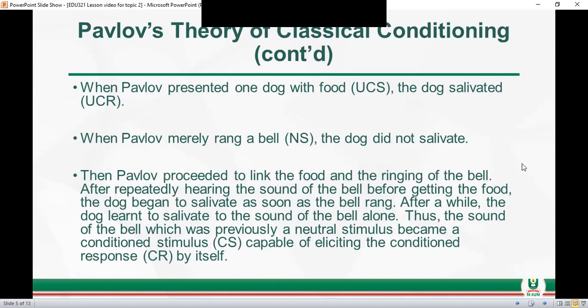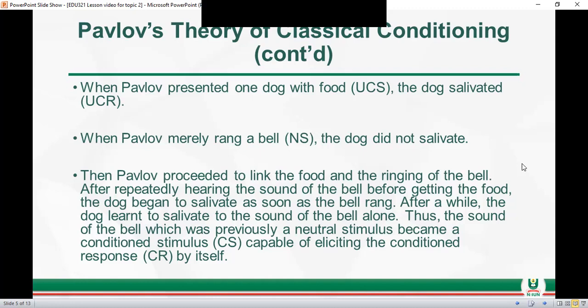He rang the bell and presented the food multiple times. He didn't just do it once. He did it multiple times so that the dog will start to associate the ringing of the bell with the presentation of the food. So after repeatedly hearing the sound of the bell before getting the food, the dog began to salivate as soon as the bell rang.